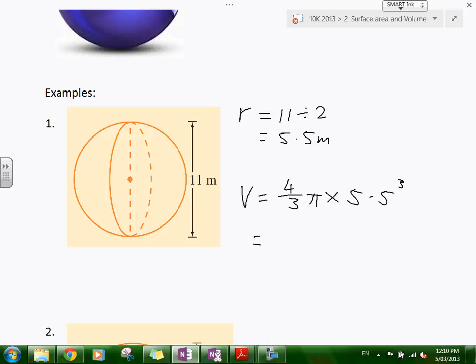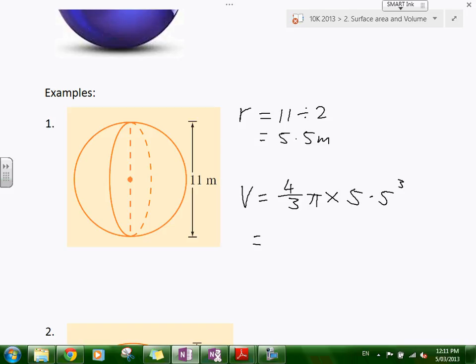Nelly, can you find this for me in the calculation? Alright, so 4 over 3 times pi times the radius cubed, in this case is, what is it, Luke? Can't be.